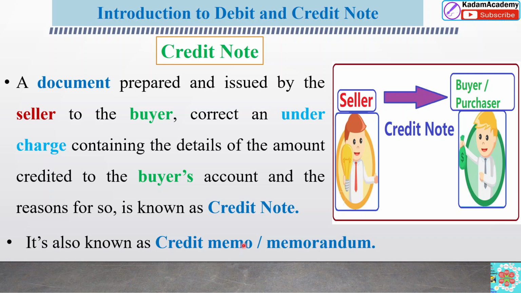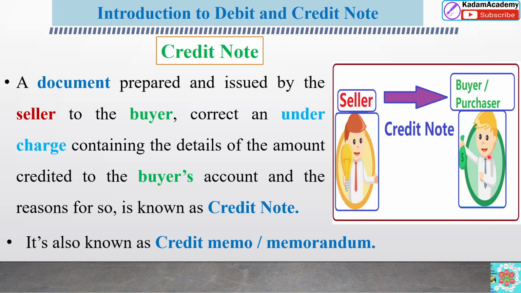So different conditions are there when it is given, we'll see later on. But before that, it gives details why one party credited the amount to another party. The credit note is a note sent by one party to another party, that is, seller to buyer.